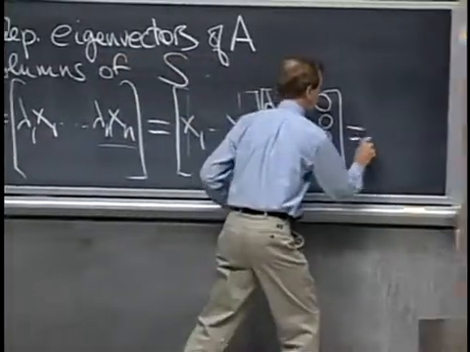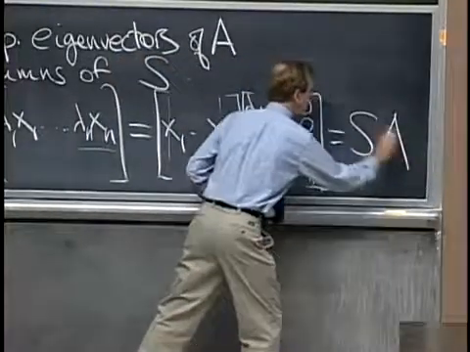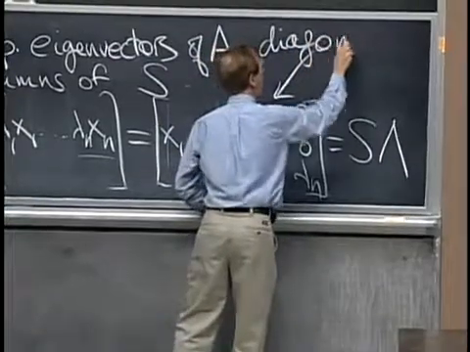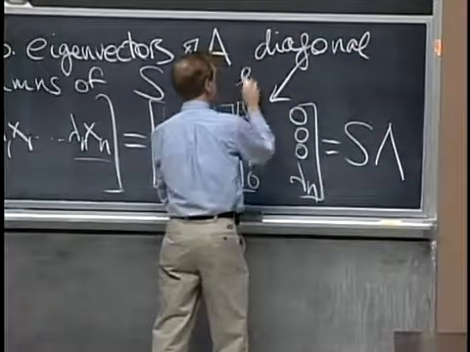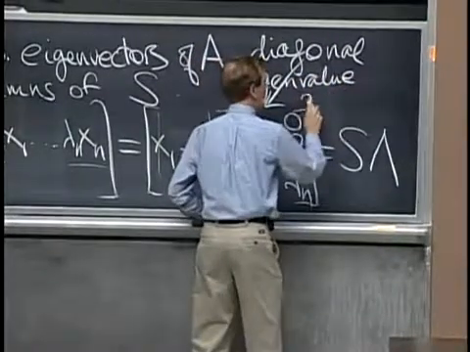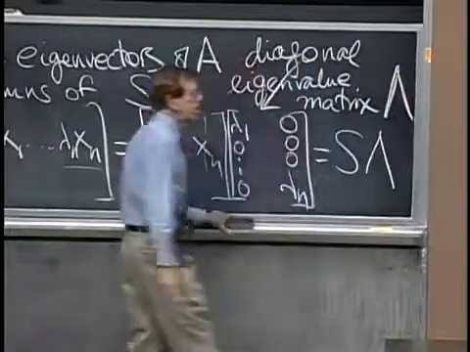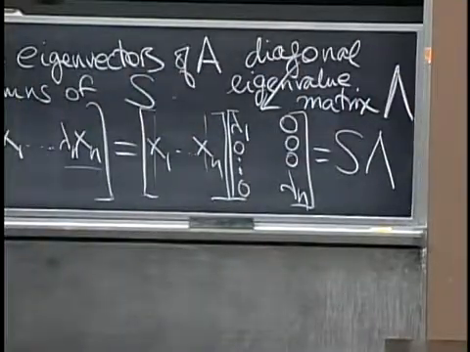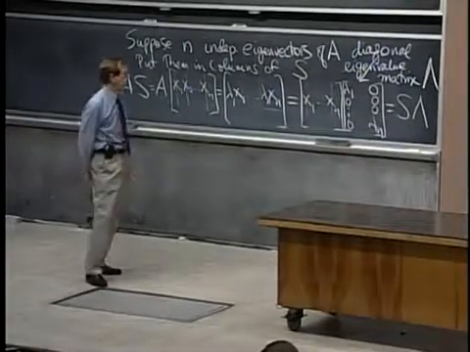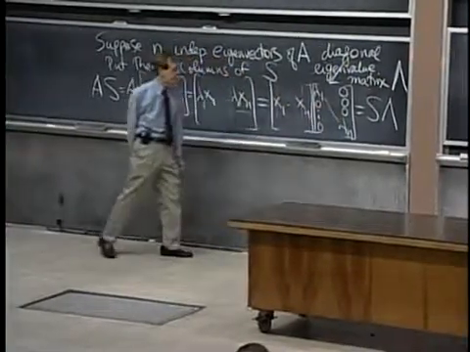So I've got S, my matrix back again, and this diagonal matrix, the eigenvalue matrix, and I call it capital lambda, using capital letters for matrices, and lambda to remind me that it's eigenvalues that are in there. So you see that the eigenvalues are just sitting down that diagonal.